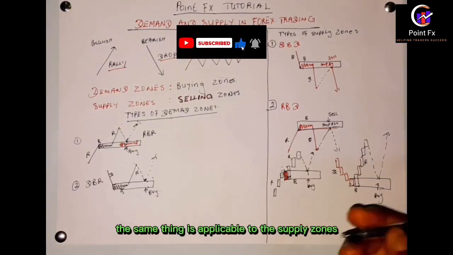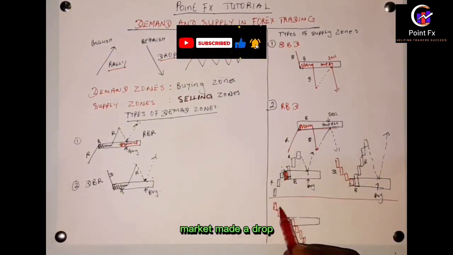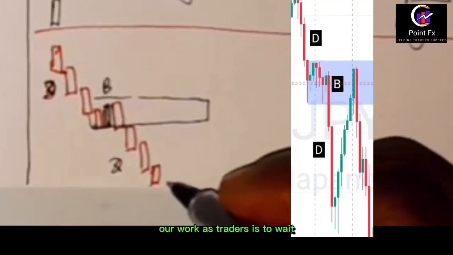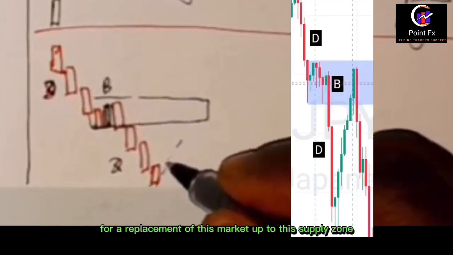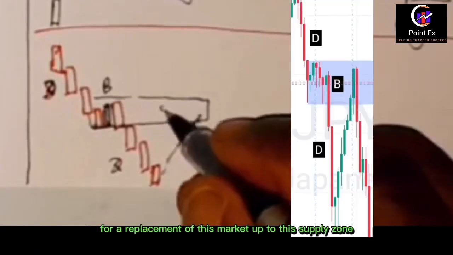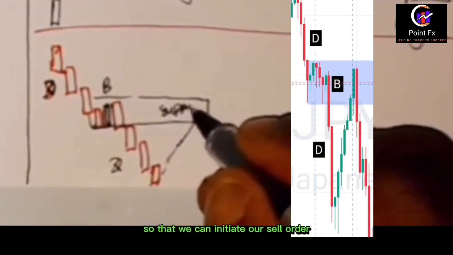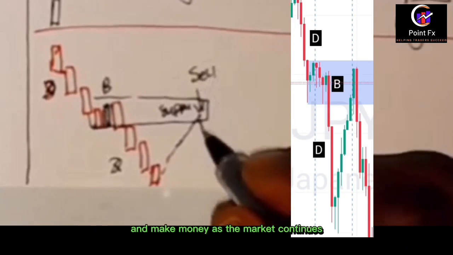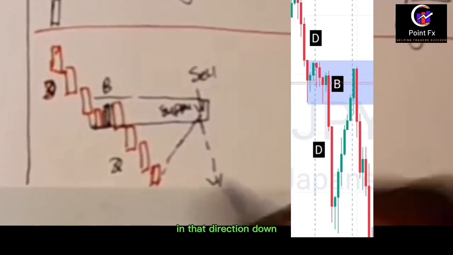The same thing is applicable to the supply zones. The market made a drop, base, and drop. Our work as traders is to wait for a retracement of this market up to this supply zone, so that we can initiate our sell order and make money as the market continues in that direction down.